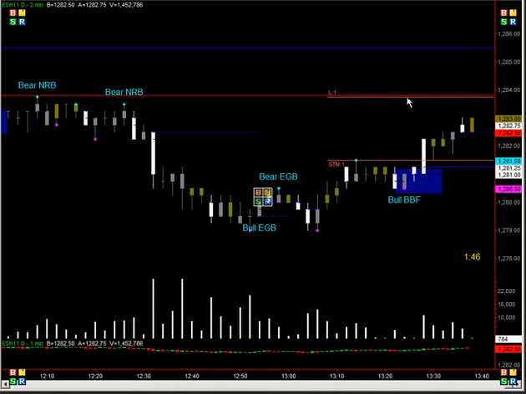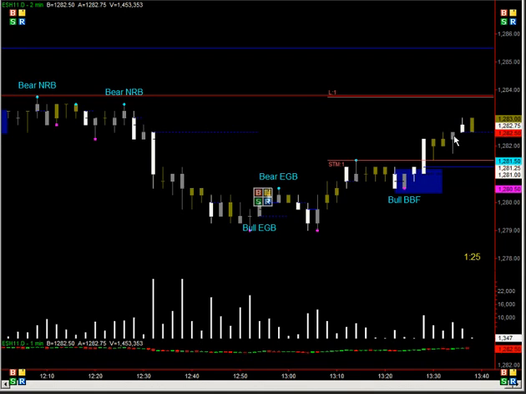Basically we're getting closer to this area, and I don't know what the reaction is going to be here. So based on price action, this in a sense was a bearish MRB that failed to go down. Actually, this went up.